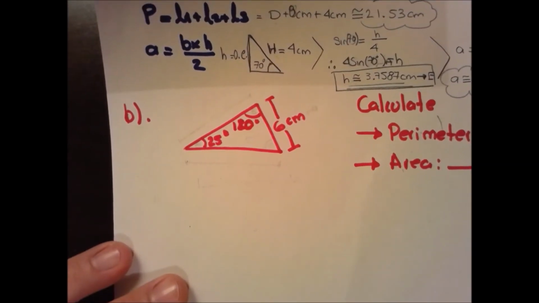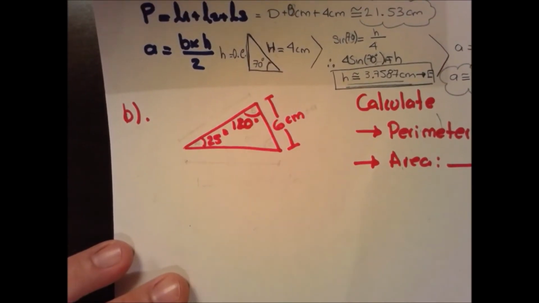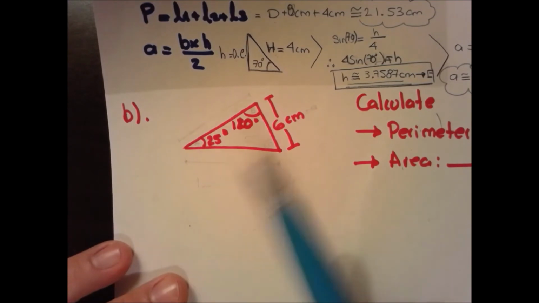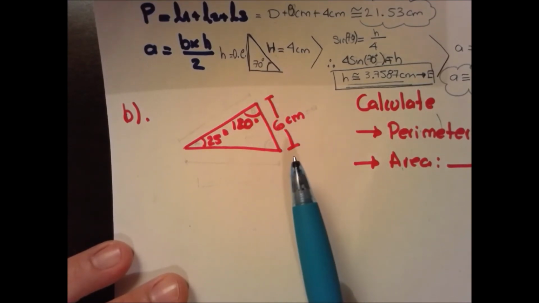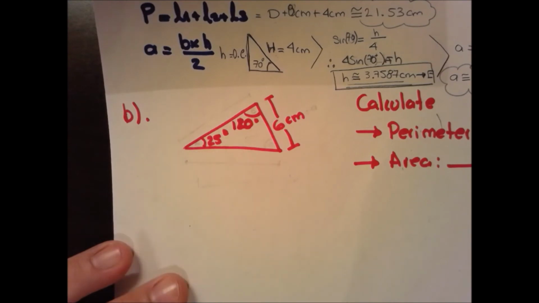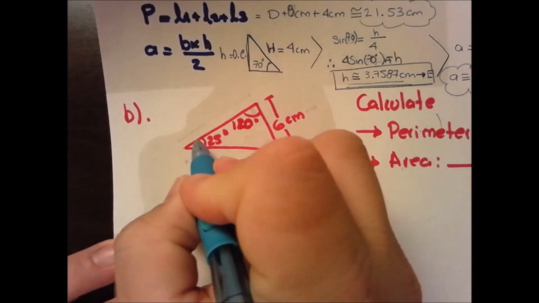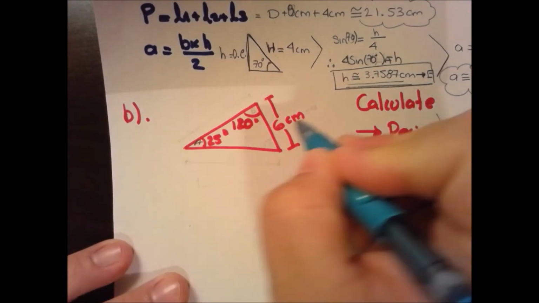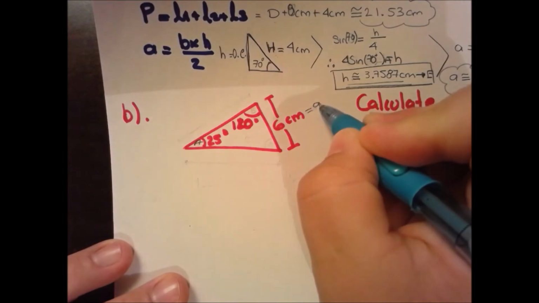On letter B, we have another oblique triangle. The information that I have is one length side and two internal angles. So the first thing that I'm going to do is to label. Here is going to be A, so it means that this side is going to be A side.